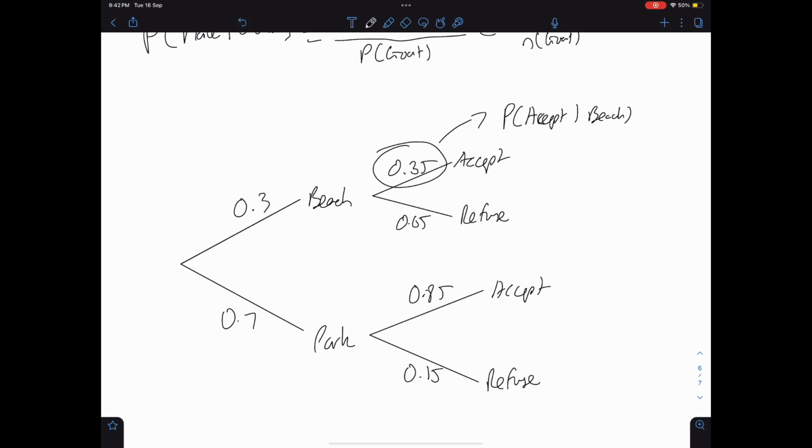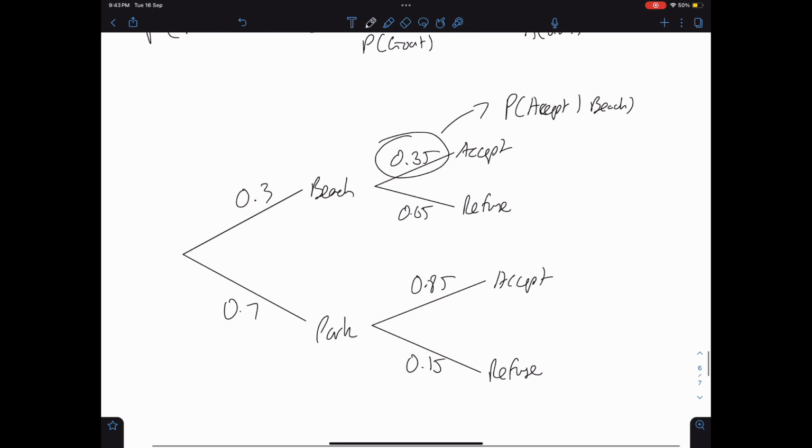We know we've got to do the beach offering, which one, beach or park first, then they might accept or refuse. So here, beach already has happened. And it's likewise for this one. Here, park already has happened and park has already been offered.